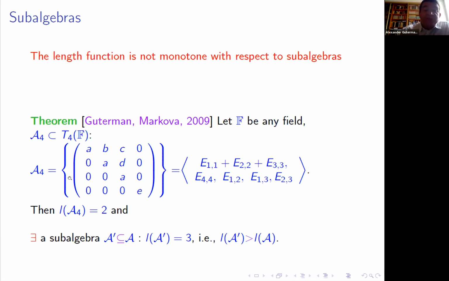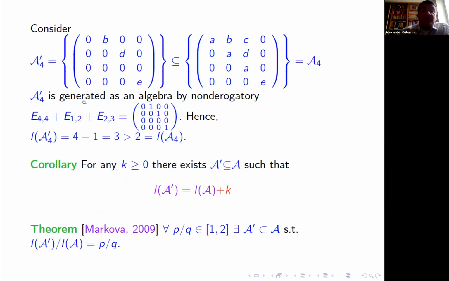So just to give you a certain example, this A4 is an algebra of length 2, which could be directly shown, but we could find a subalgebra in that A4 generated by a non-derogatory matrix.